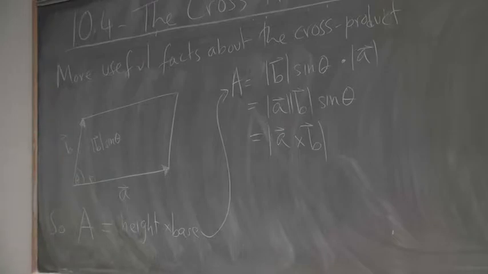So by taking the magnitude of the cross product, it has the geometric interpretation of being the area of the parallelogram spanned by the two vectors.